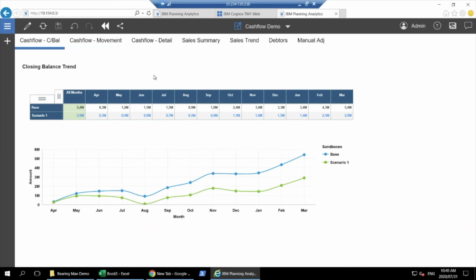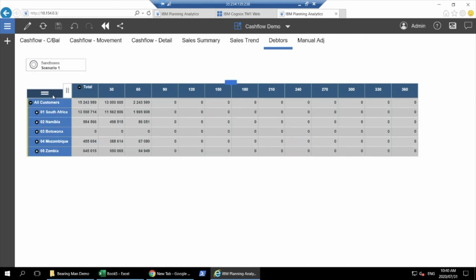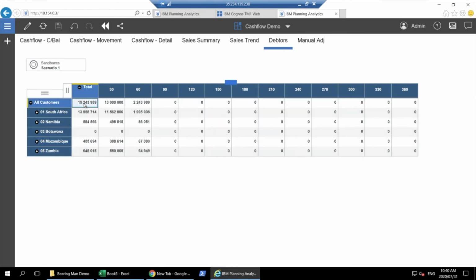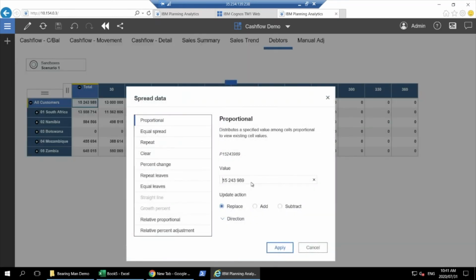And then, for example, we can look at our debtors payments too. The debtors payments at the beginning of the year are 15.2 million. To be honest, it's unlikely we're going to collect all of that. Our bad debt provision needs to be fairly substantial. So I could go in here, on scenario 1, change this number, do a spread, and change it, for example, to 14 million.